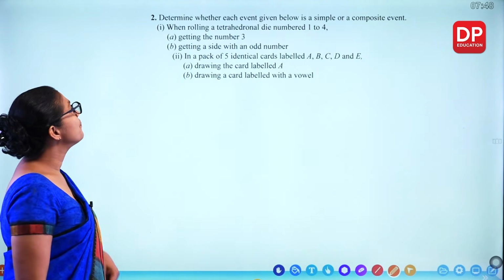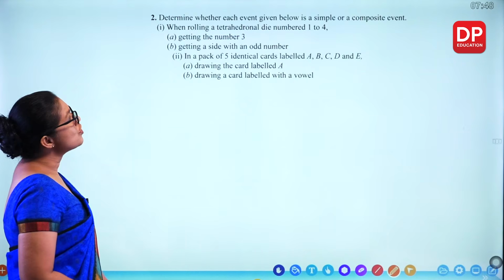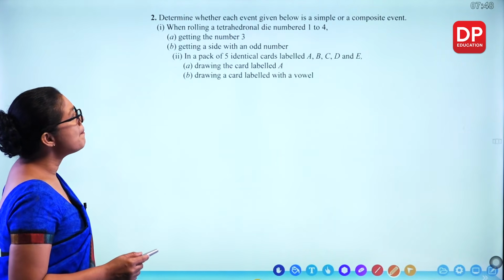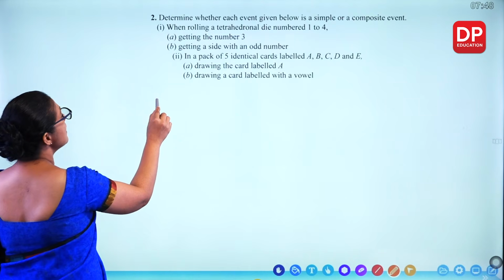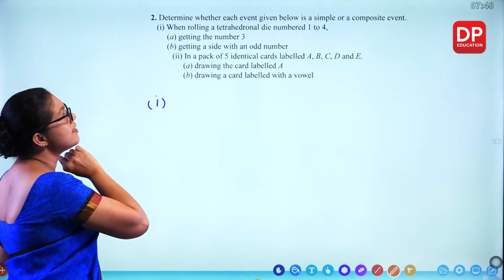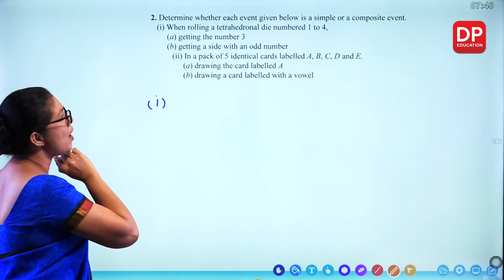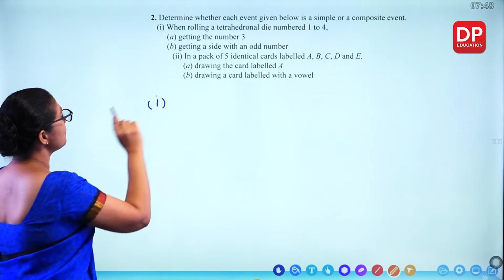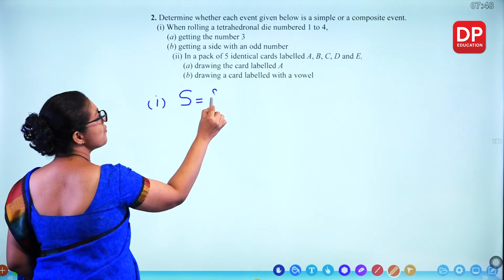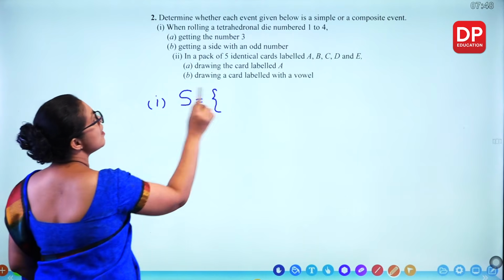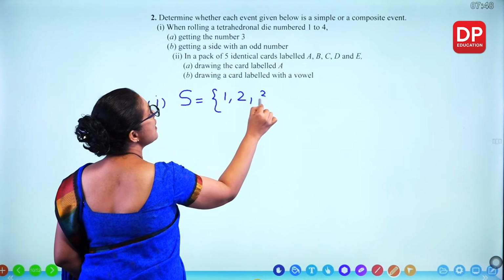Question number 2. Determine whether each event given below is a simple or a composite event. When rolling a tetrahedral die numbered 1 to 4. So, what's the sample space? First, you have to identify the sample space. 1, 2, 3, 4.